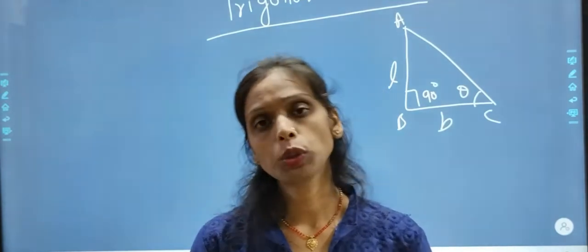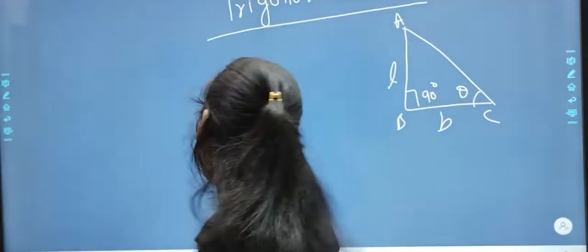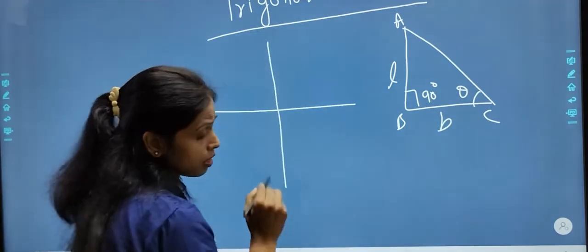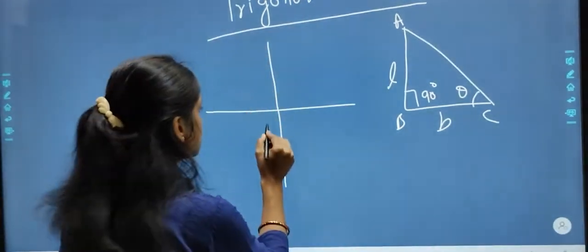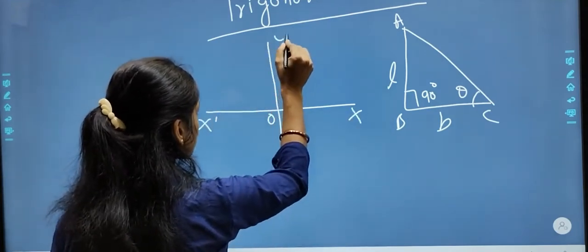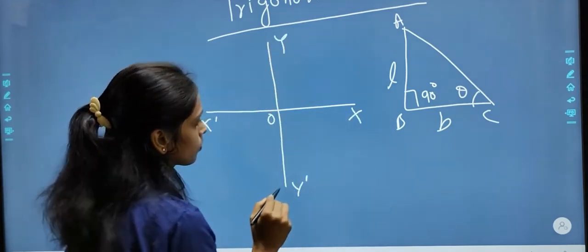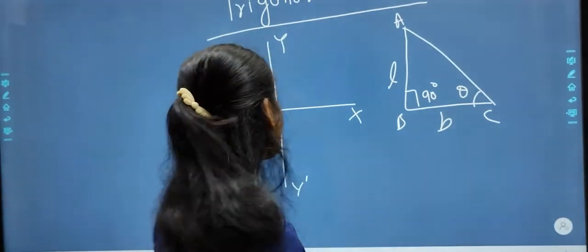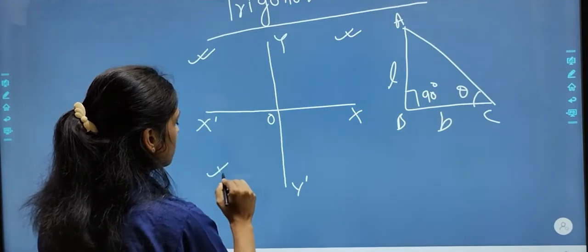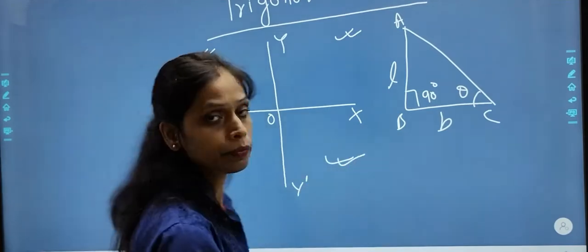Quadrant you already know. You know very well what this is. This is called the first quadrant, this is called the second, third, and fourth.